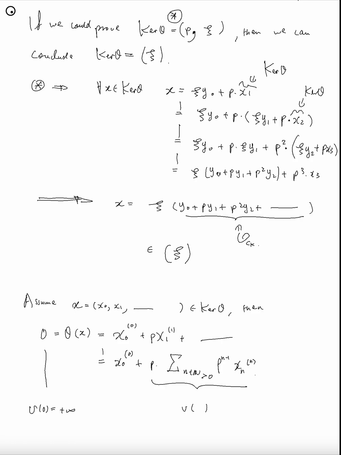The valuation of this is bigger or equal than 1, and so this implies the valuation of the other term cannot be smaller than 1, otherwise it would be the minimum one and the valuation would be that one. But the valuation is infinity, so the valuation again should be bigger or equal than 1.